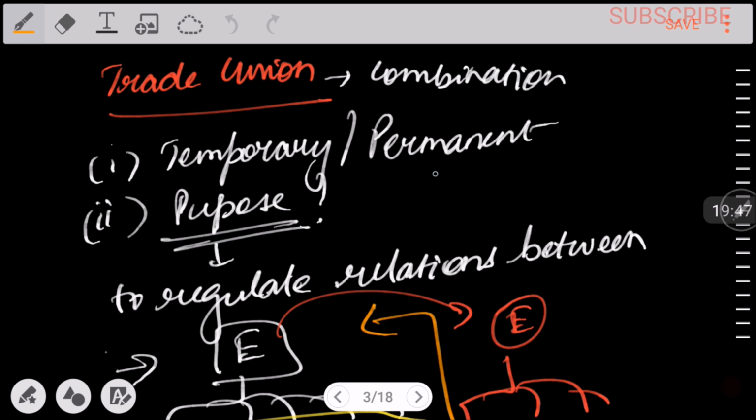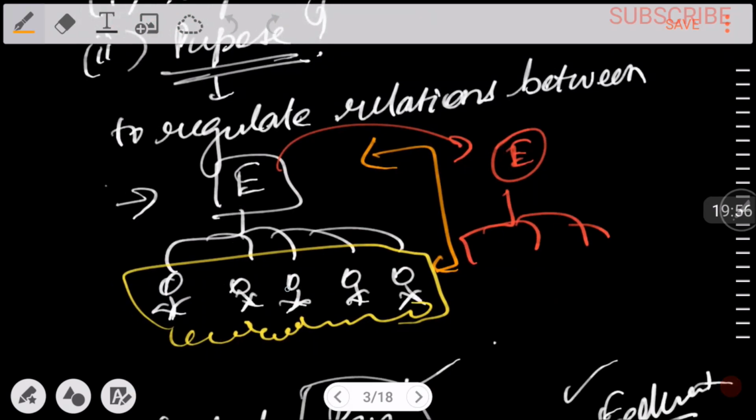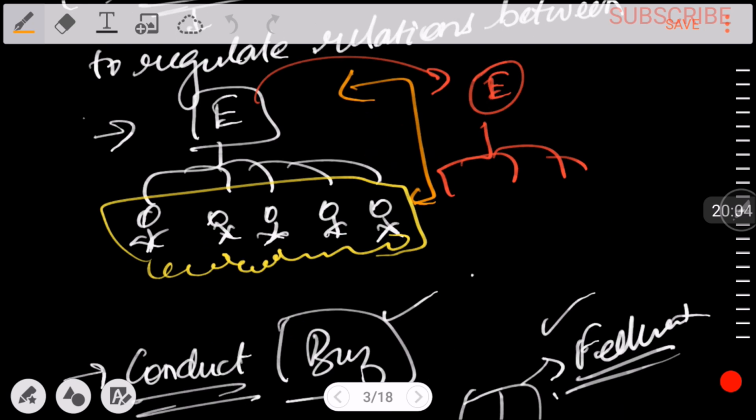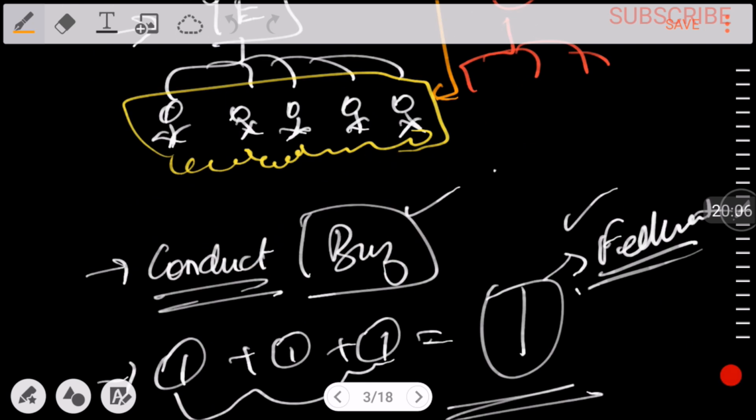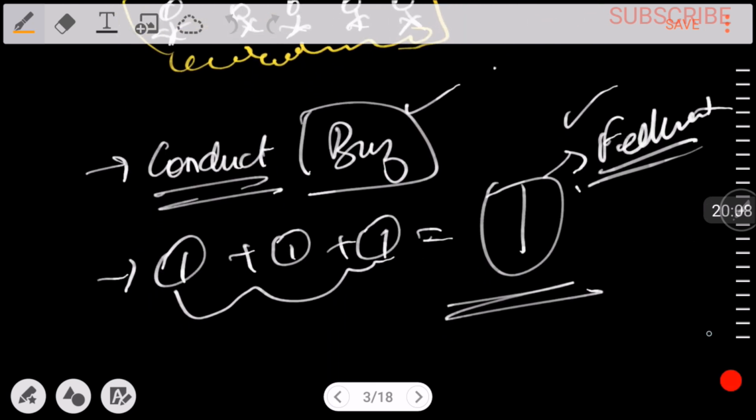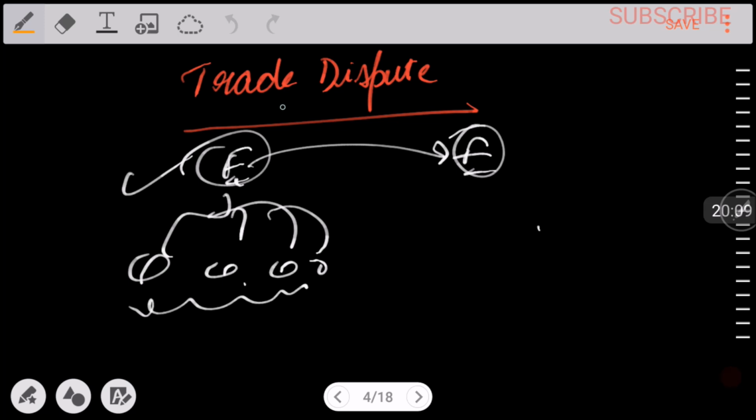Then we discussed the definition of trade union. Trade union means any combination, whether temporary or permanent, formed for the purpose of regulating the relations between workmen and employers, or between workmen, or between one employer and another employer.